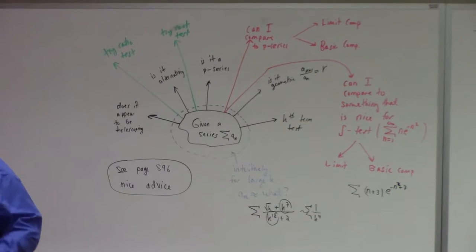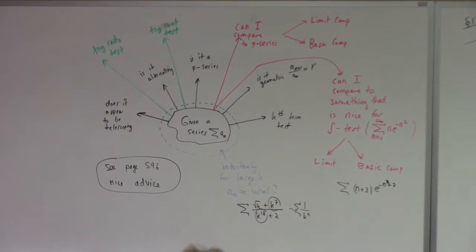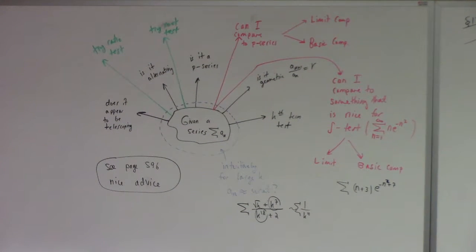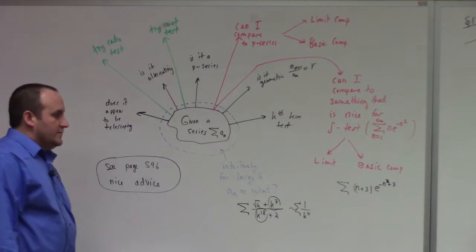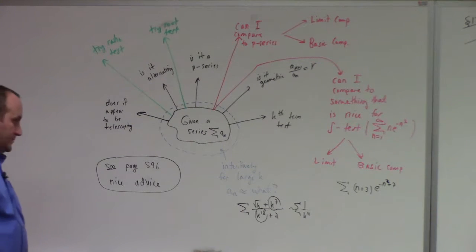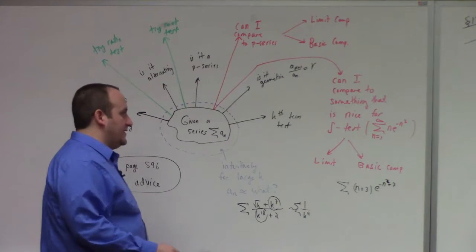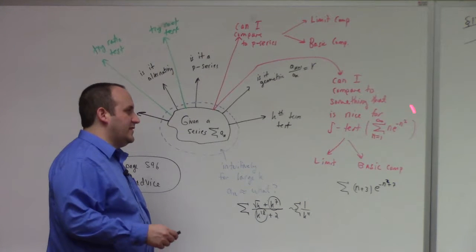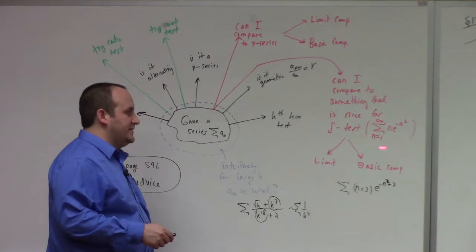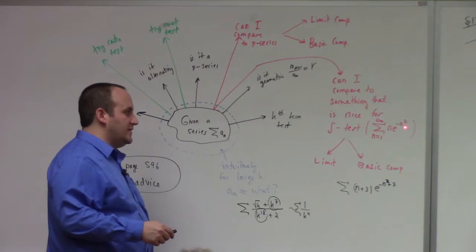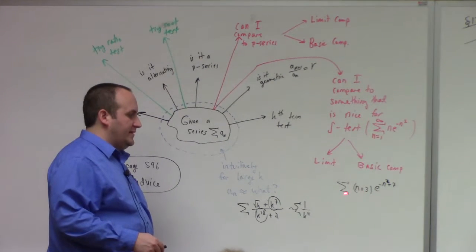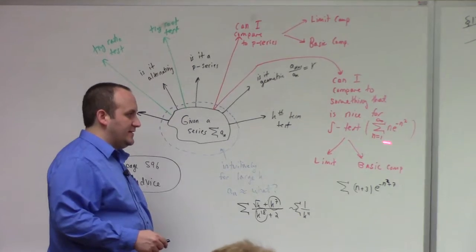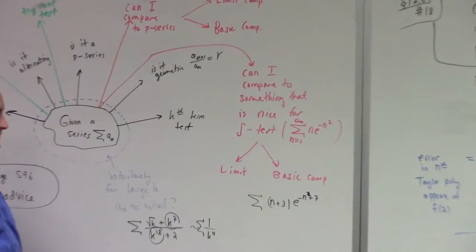I know that the integral of x e to the minus x squared basically is like x times e to the minus x squared, and I know that the exponential e to the minus x squared wins. It goes to 0 faster than x. So I can think through this back-of-the-envelope calculation in my mind and know that it converges. If I had something like this given to me, I might be tempted to compare it to that, which I could then use the integral test to prove converges.